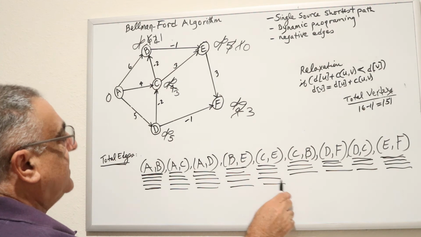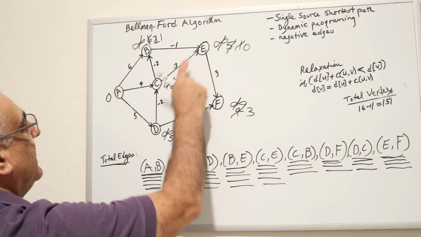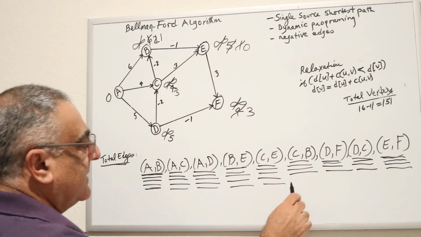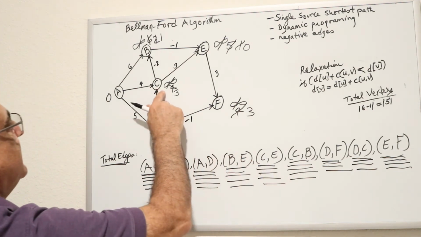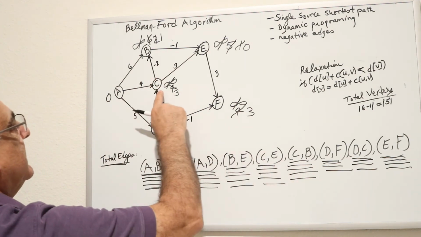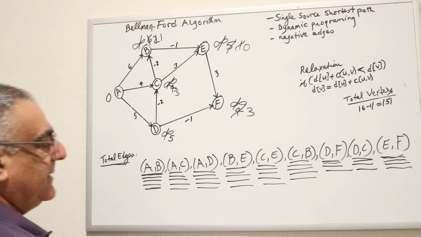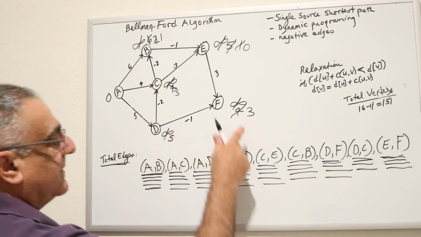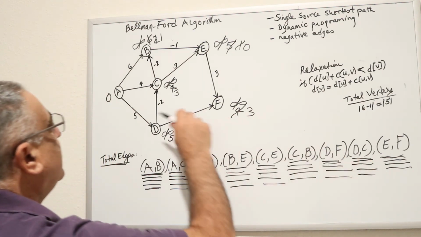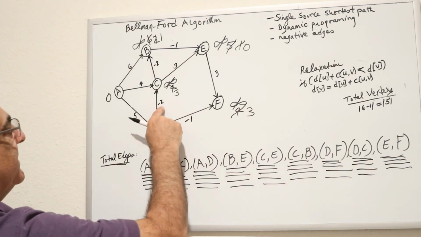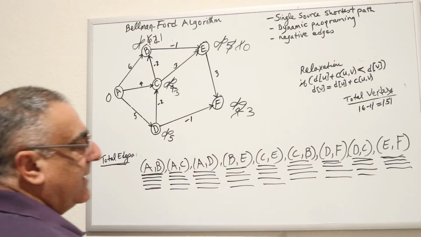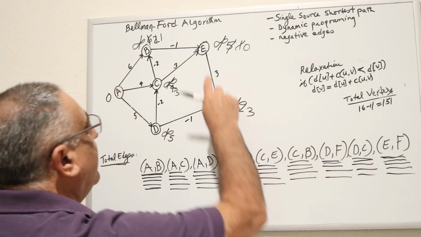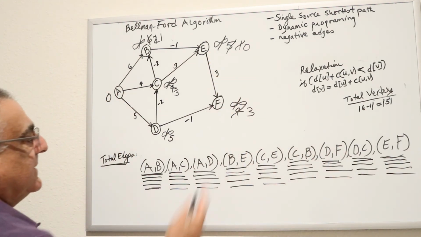How about C to E? 3 plus 3, can't change it. How about C to B? That would be 3, can't change it. D to F, 5, can't change it. D to C, 5 plus -2, that's a 3, can't change it. E to F, 0 plus 3, that's a 3.